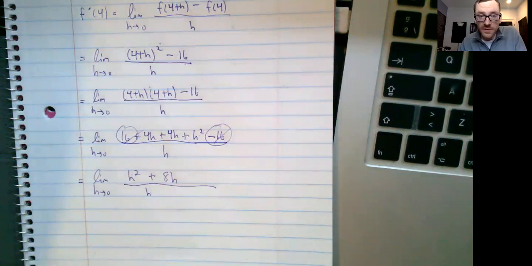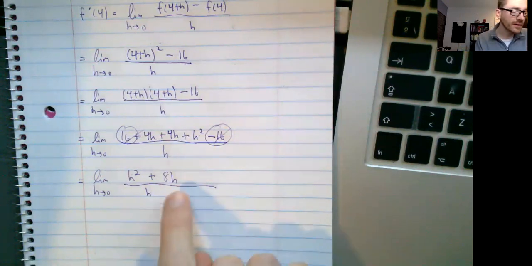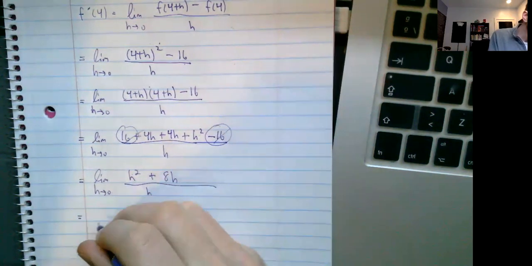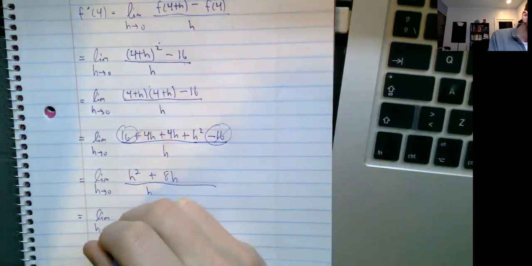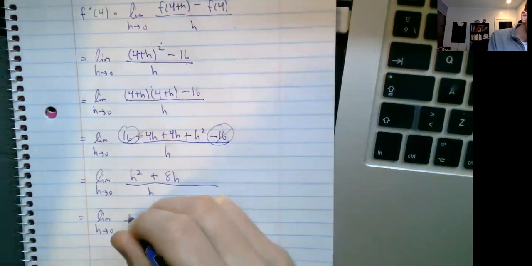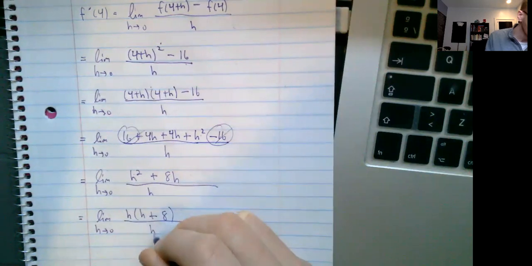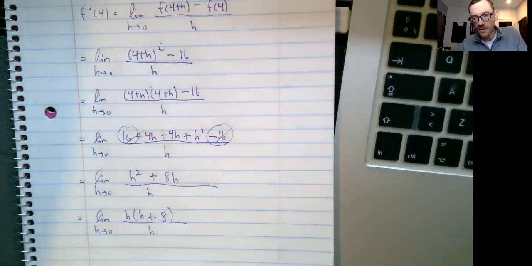What can be done now is that you can pull out a common factor of h from the two terms in the numerator. So let's go ahead and do that. Limit as h approaches 0, h times the quantity h plus 8. Okay, and then we can do some cancellation, right?